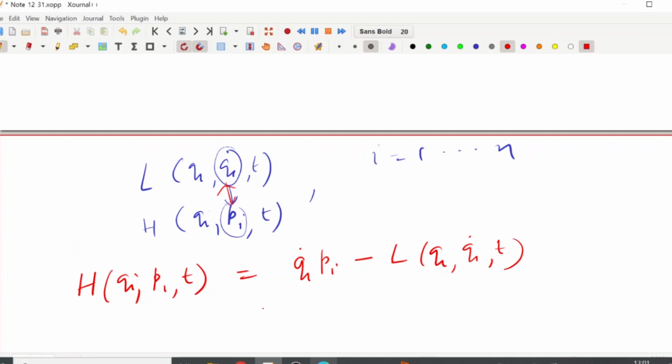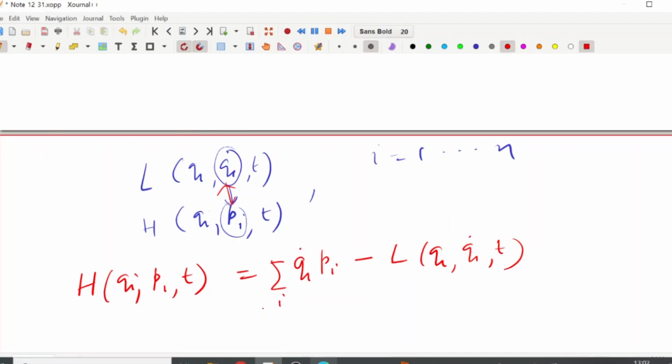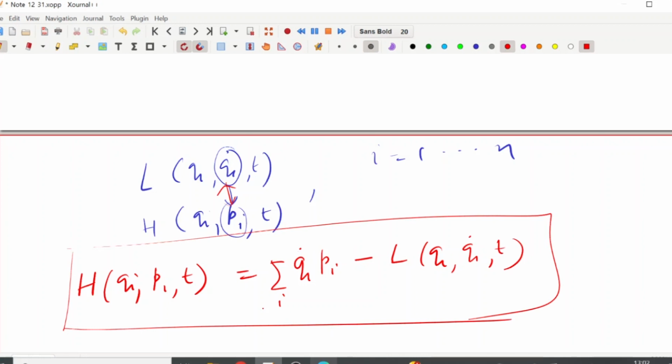So, this will be summed over all i. When one variable is being interchanged in the Legendre transformation, there will be one product term. Where two variables are being interchanged, there will be two terms. So, here we have n number of q_i dot being changed with the p_i variables. So, you will have a sum over q_i dot and p_i. So, this will be the Legendre transformation to construct the Hamiltonian from a Lagrangian.